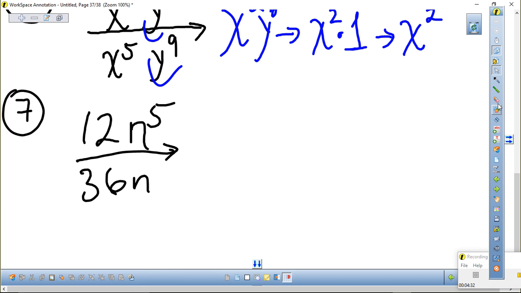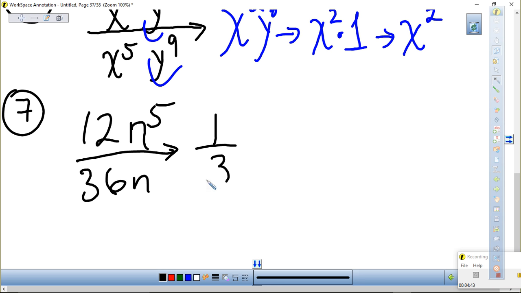Boom. 12 over 36. Can we simplify that? Yes. What does that become? 1 over 3. Are we there so far? Same base. Put a 1 there. That becomes n to the 4th. Okay.